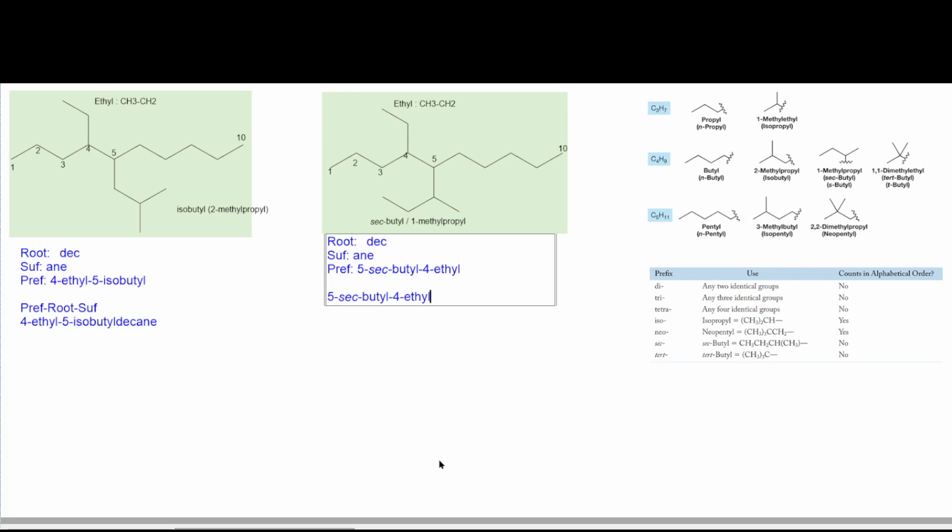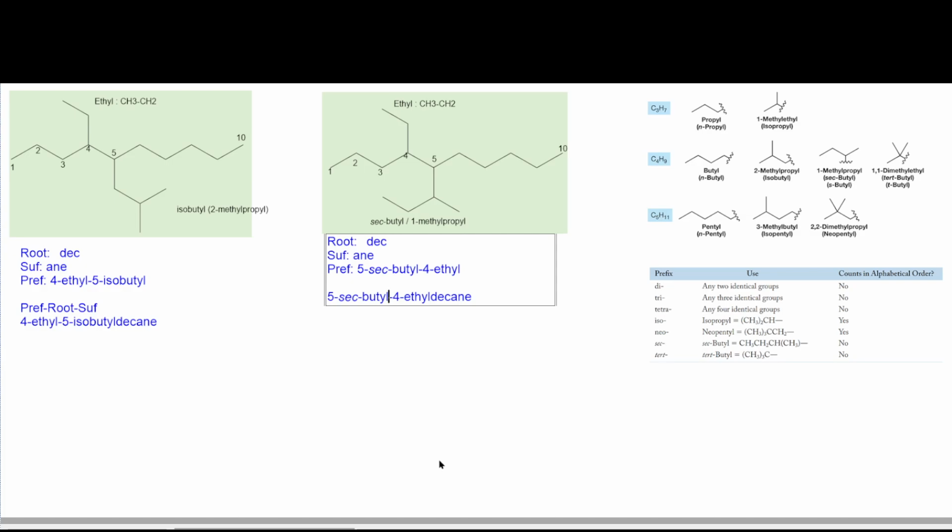Numbers and letters should be separated by a hyphen or dash, whereas numbers and numbers should be separated by a comma. So that's why 5-sec-butyl-4-ethyldecane.